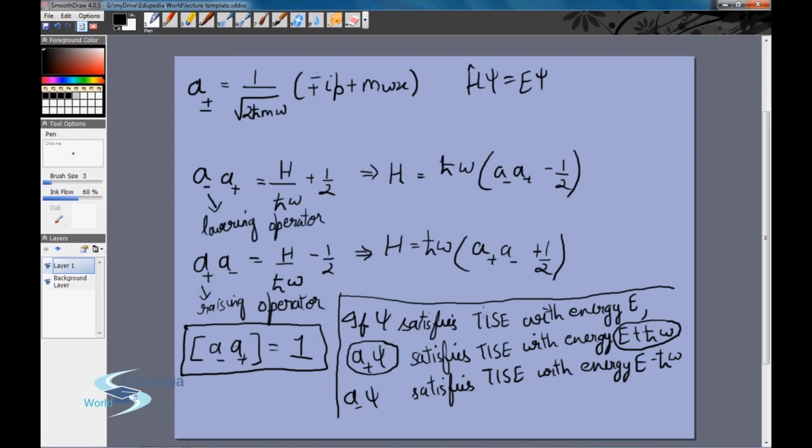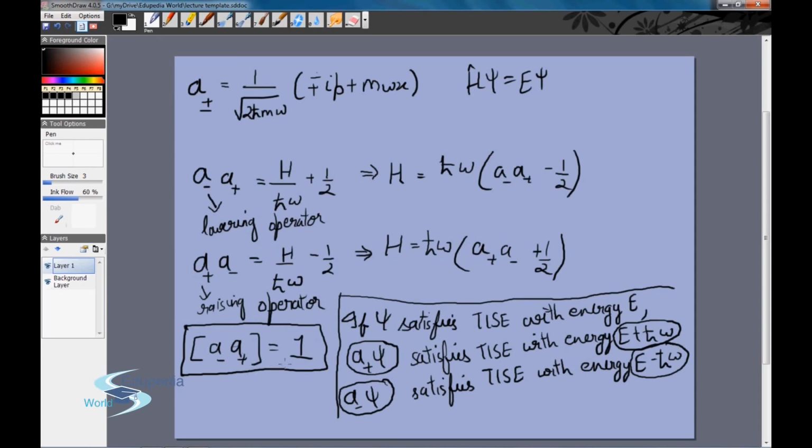If you have a function psi which satisfies the equation with energy E, then a minus psi, which is a new function, will satisfy the same equation with energy E minus h omega. And so you have these two operators, raising and lowering, which tell you that once you have a single solution and the energy of that solution, you can get an infinite number of solutions with different energies simply by applying the raising and lowering operator again and again.